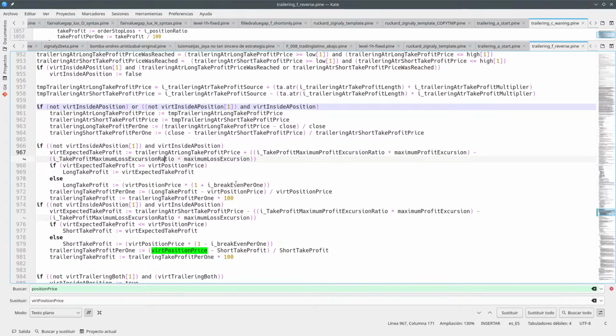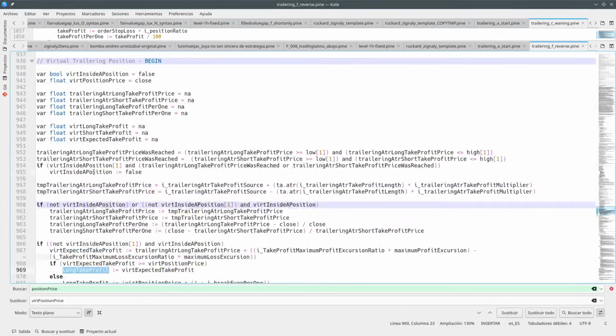Okay. Let me check more stuff. Oh, break even for per one. Yeah, let's use this as the break even. Then we've got this long take profit. Yeah, but these are settings that we don't need, if you ask me.